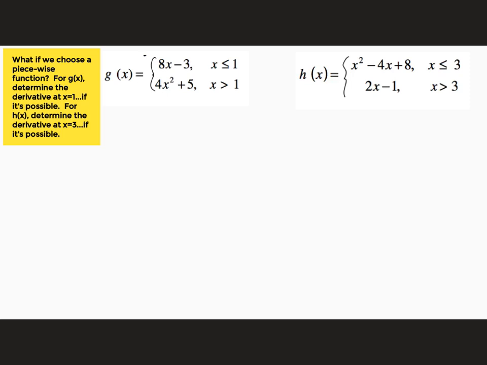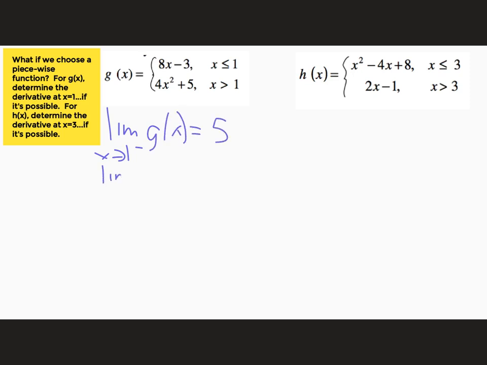Now let's see. For g of x, determine the derivative at 1. And then for h of x, determine the derivative at 3. To figure out if we have a derivative, your first step is to plug in the value. The limit as x goes to 1 from the left of g of x is 8 minus 3, which is 5.